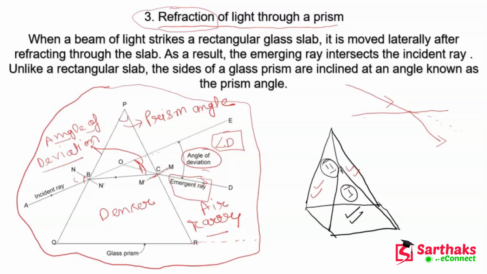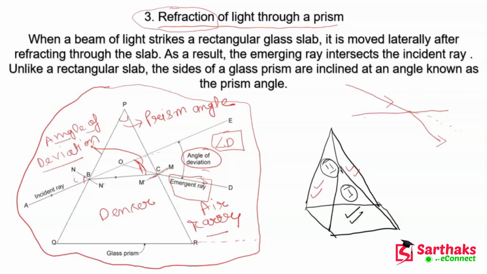The normal is a line which makes an angle of 90 degrees with the surface. So this is the normal, and the angle between the normal and the incident ray is I, which we call the angle of incidence.